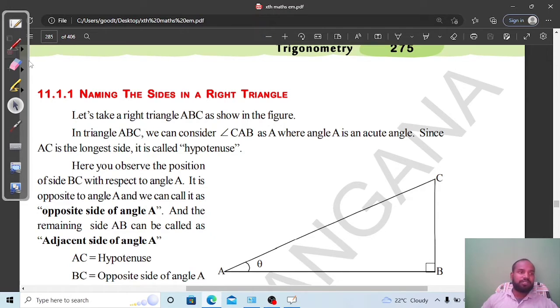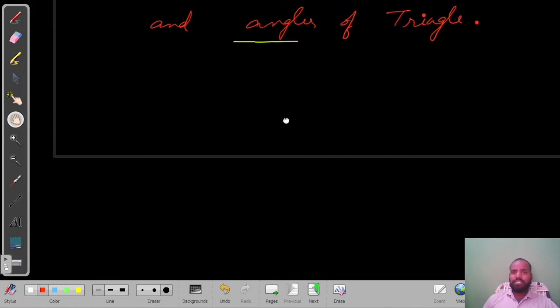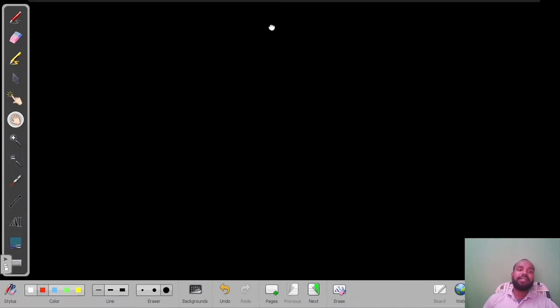So I am going to the workbook right now. See, this is completed, right? The basic definition introduction is completed. Now we are entering into the trigonometric ratios.